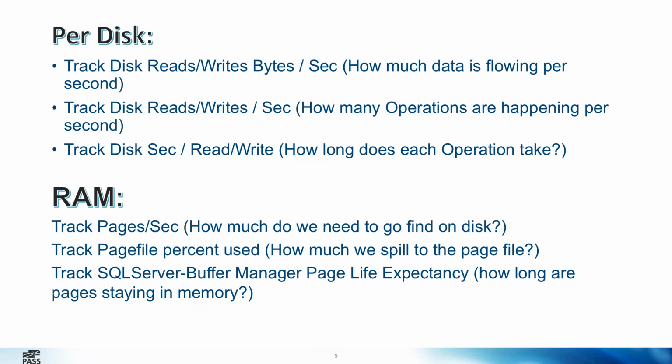So that's where you want to track the third counter there, which is disk seconds per read and per write. So how long does each operation take? In my opinion, that last bit, the latency, how long each operation takes, is usually the biggest smoking gun type of counter for disk issues, right?